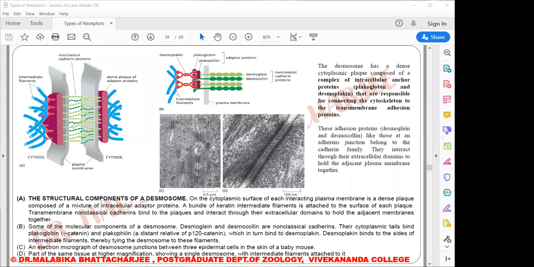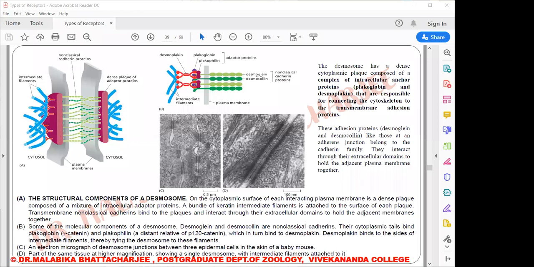The importance of desmosome was pointed out when in this autoimmune disorder it was seen that the affected individuals produced autoantibodies for desmogleins. So this is the desmoglein. In this disease, the affected individuals would produce autoantibodies for this protein, the desmoglein.